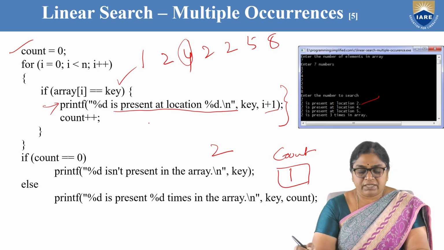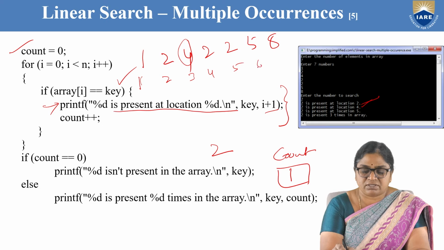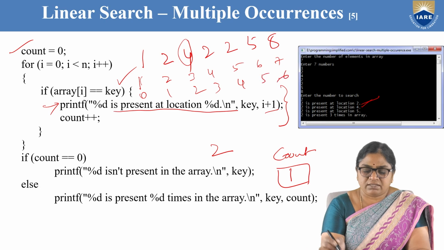So here 2 is present at location I plus 1, I is 3 plus 1, which means 4. So key is present at location 4. This is the first location, second, third, 4, 5, 6 and 7. Indices mean 0, 1, 2, 3, 4, 5 and then 6.